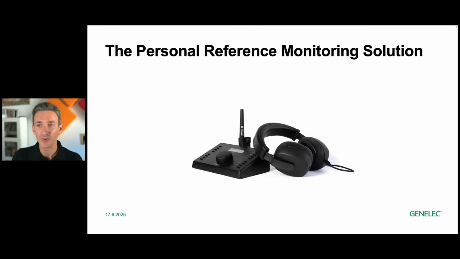What we try to do, first of all, is give you a really neutral headphone with our 8550, which is one of the main elements of the personal reference monitoring system, because you will later realize that if the headphones are not neutral or are not giving you a proper representation of audio, then it's pretty hard to work with binauralized audio.